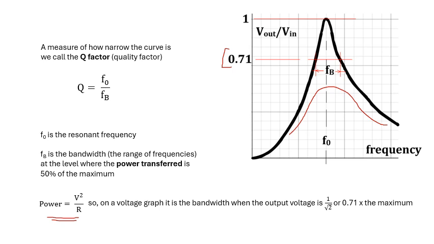So remember this, I've seen this come up on a couple of questions. It's when the voltage output or the gain of the circuit is 0.71 of the maximum, 71% of the maximum, because that's when the power is 50% of the maximum. And this is how we work out the Q factor.